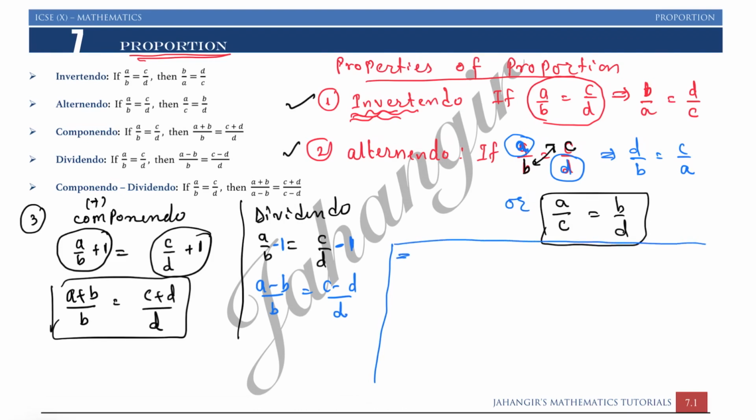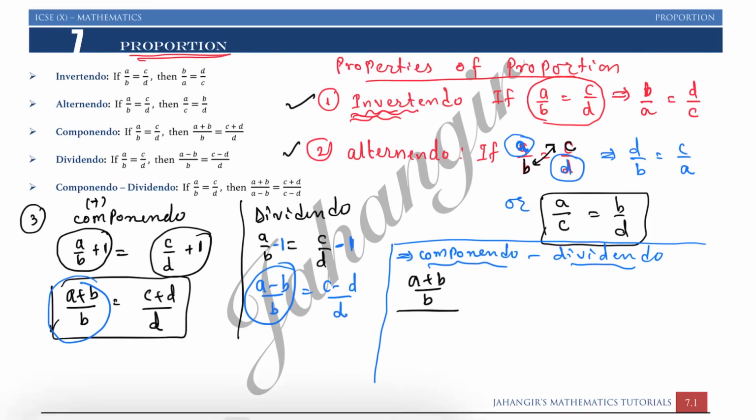So for componendo dividendo, we are dividing both ratios. This divide by this. Let's write with black pen. A plus B upon B whole upon A minus B upon B. These two we are dividing and these two also we will divide.